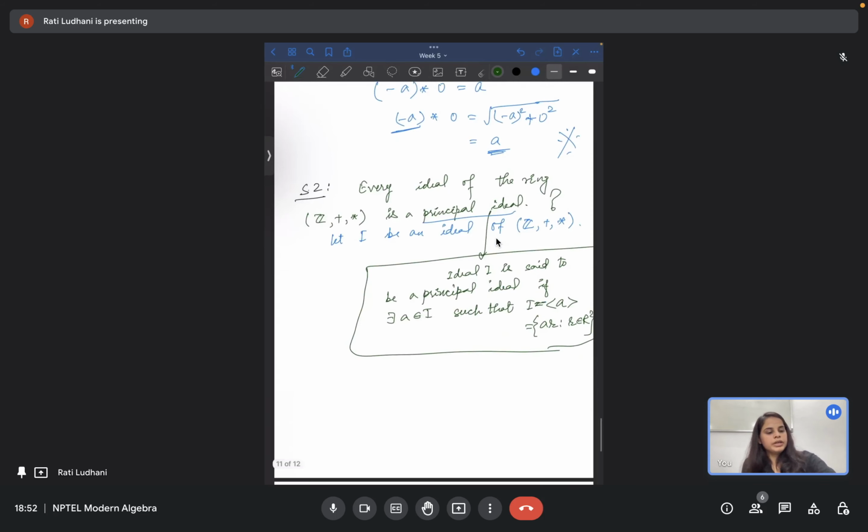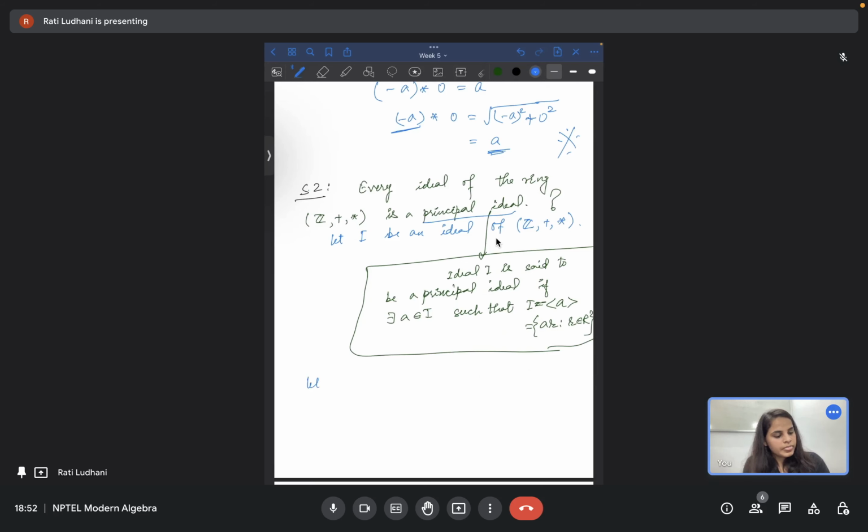So let I be an ideal. You need to prove that any ideal you pick of the set of integers will always be a multiple of some fixed element. So let's see if this is true. Let I be an ideal of Z plus star.